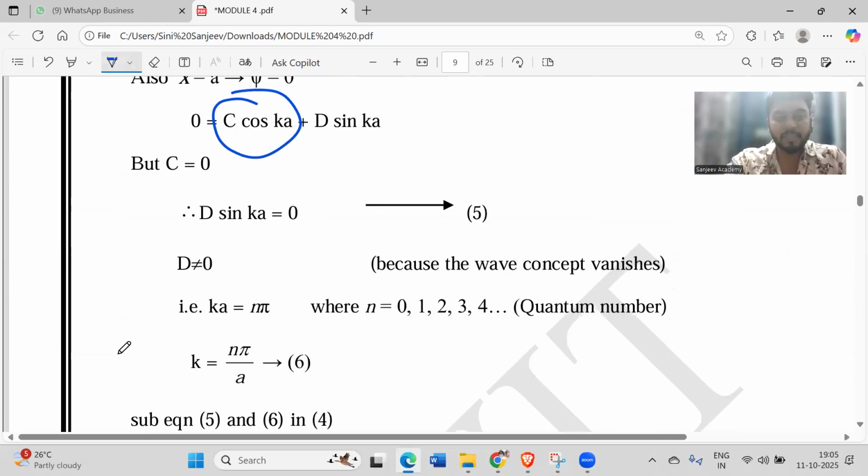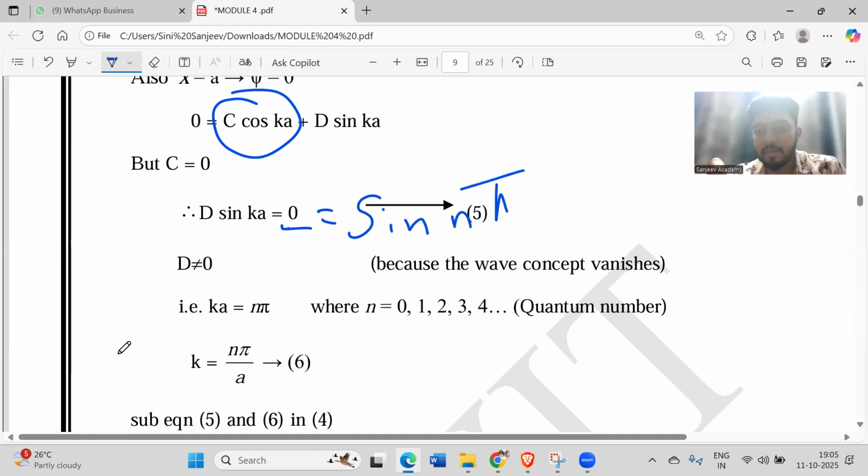Now, instead of this 0, what I will put, I'll put sine n pi. Sine n pi, which is not there in this book. Because what is sine n pi value? 0.